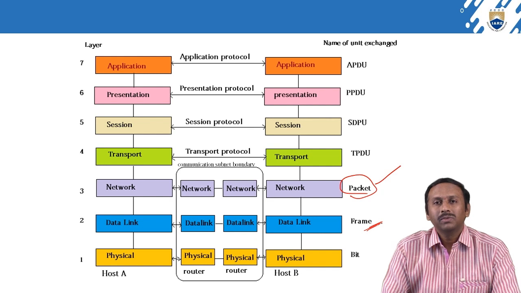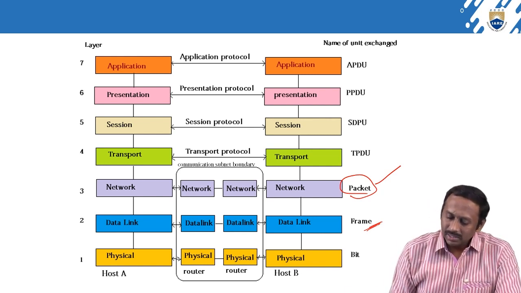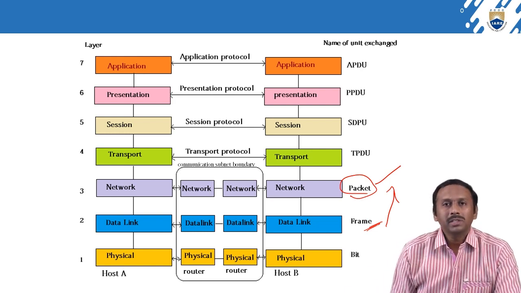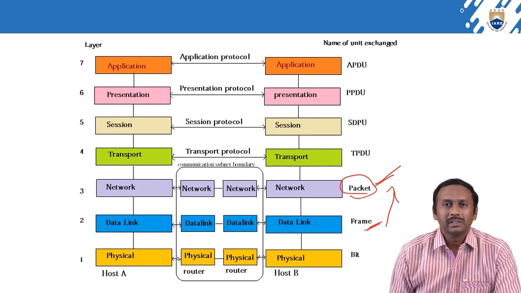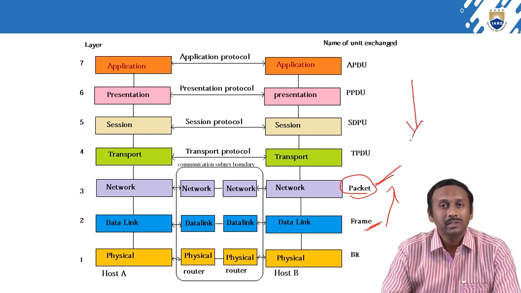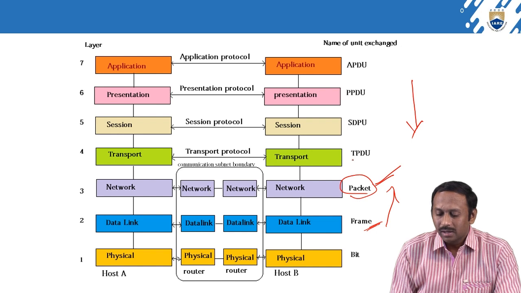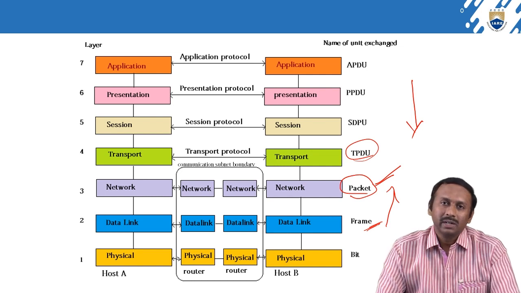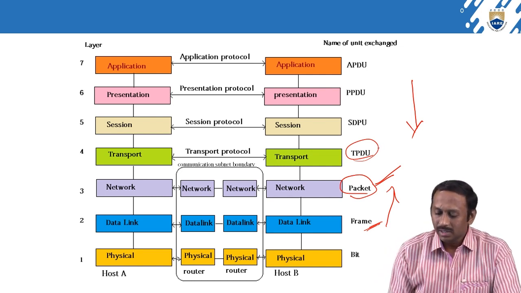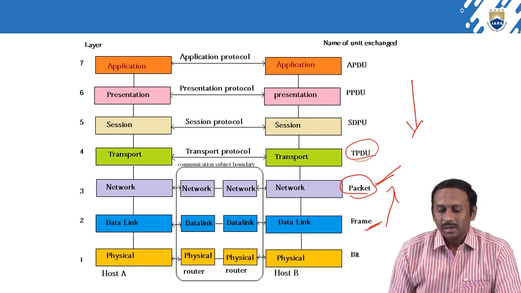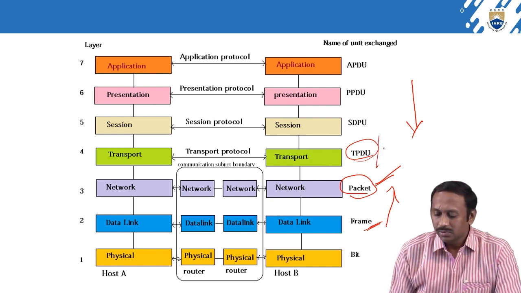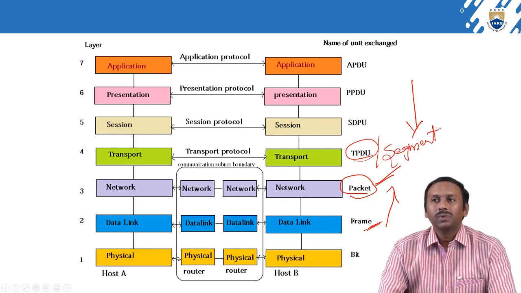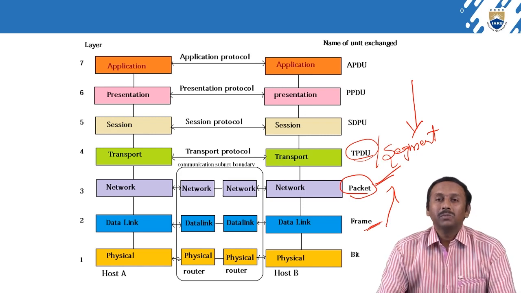The group of frames is formed as a packet. Assume data is coming from the transport layer to the network layer. At that time we can call it a transport layer data unit, which we can also call a segment.